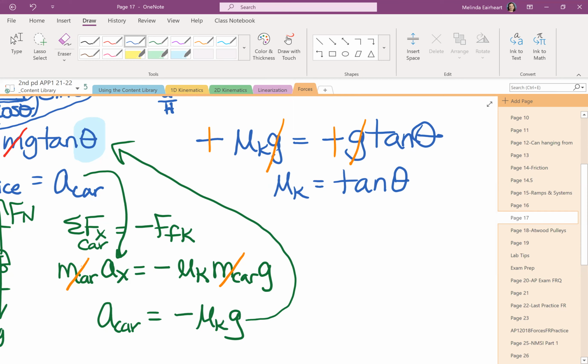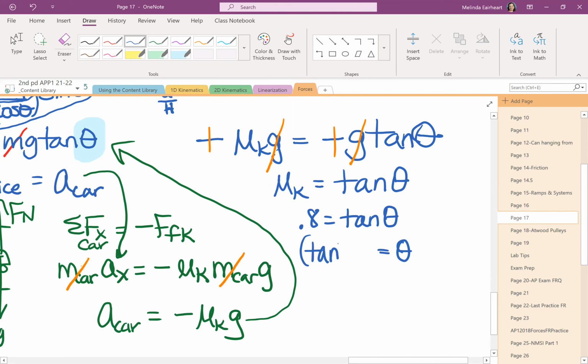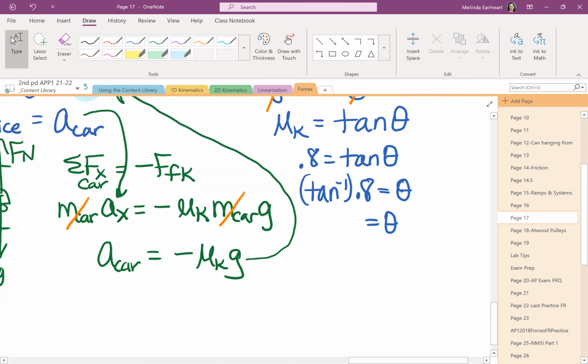They gave us mu k, they said it was 0.8. Now how do I solve for theta? Inverse tan. Which is what? 38.7 or 39 degrees.